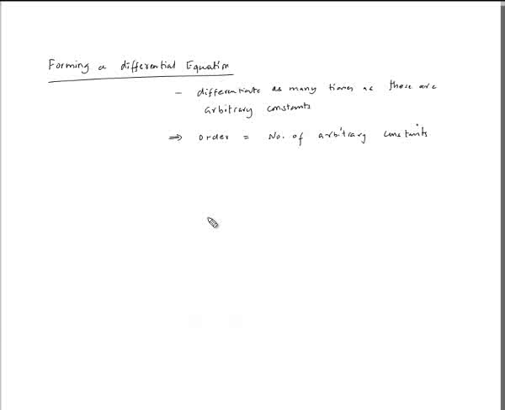To explain this, take a general straight line y equals ax plus b, where a and b are arbitrary constants. If I differentiate once, I get dy by dx is equal to a into dx by dx plus 0, since b is a constant. So dy by dx is equal to a into 1, which is a.